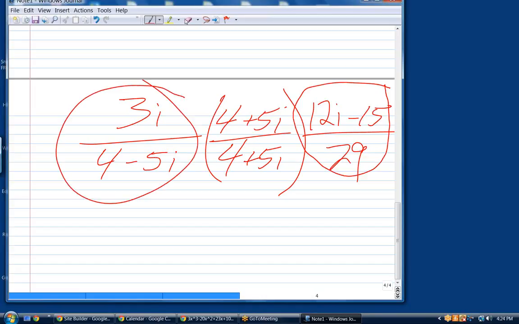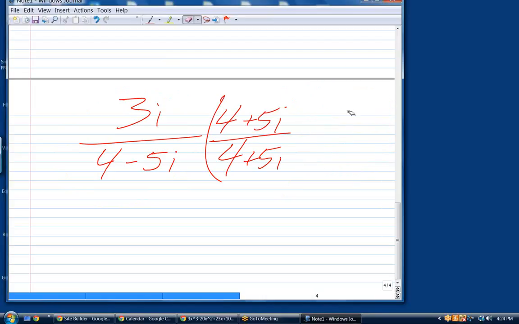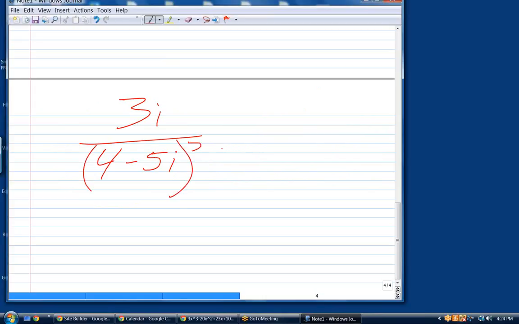They've made it 1 degree more complicated by squaring it. Well, what do I have to do here? You have to get rid of the squared. Let's expand it. In other words, let's FOIL the bottom.